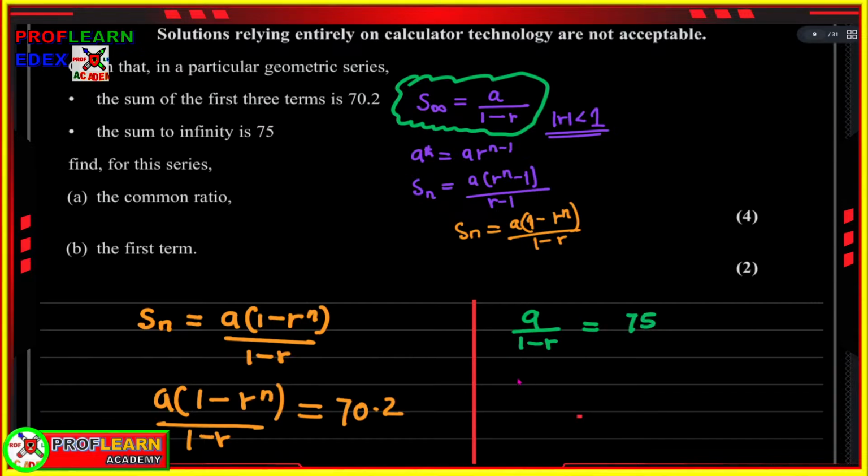Which means that from this particular point we can say our a is going to be equal to 75 into 1 minus r.